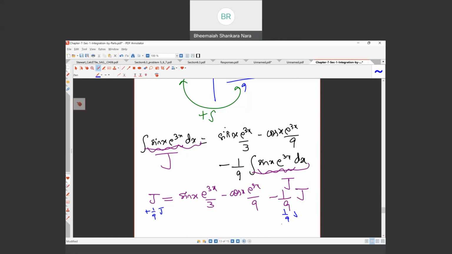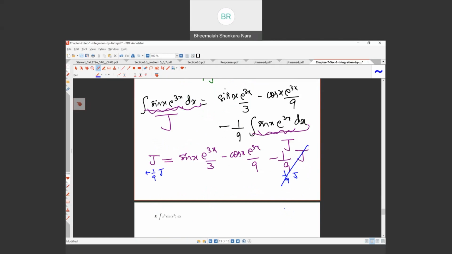So 1 plus 1/9 will be 10/9, and you flip the term. 10/9, you multiply by 9 by 10 on both sides. So you can rewrite this on the right-hand side as 9/10 times this entire expression, sin x e to the 3x divided by 3, negative cosine x e to the 3x divided by 9, and then you have a plus C.